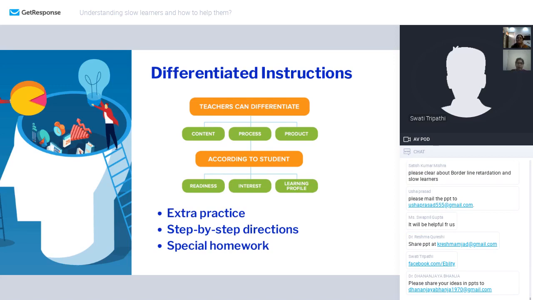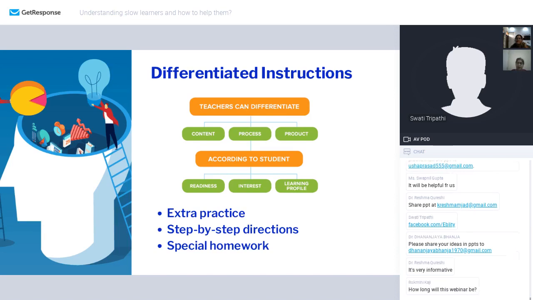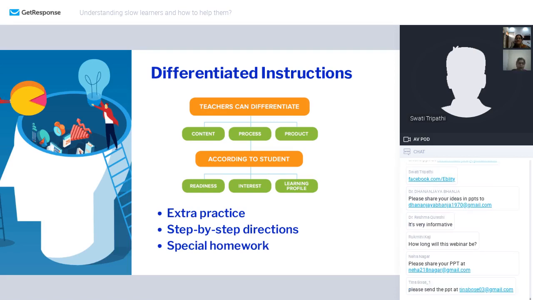And what the teacher does is he or she analyzes the prerequisites which are needed for learning that particular content curriculum. She also analyzes the learning needs, the learning abilities, the learning styles, and the interest of the particular child.